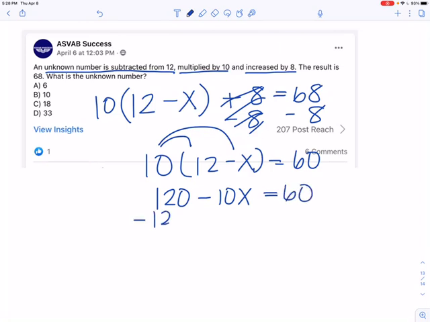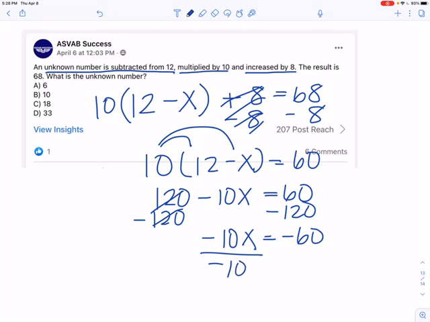So now I'm going to subtract 120 to eliminate it on this left side. I'm left with negative 10x equals negative 60. I'm going to divide by negative 10. And negative 60 divided by negative 10 gives me positive 6. So the unknown number is positive 6.